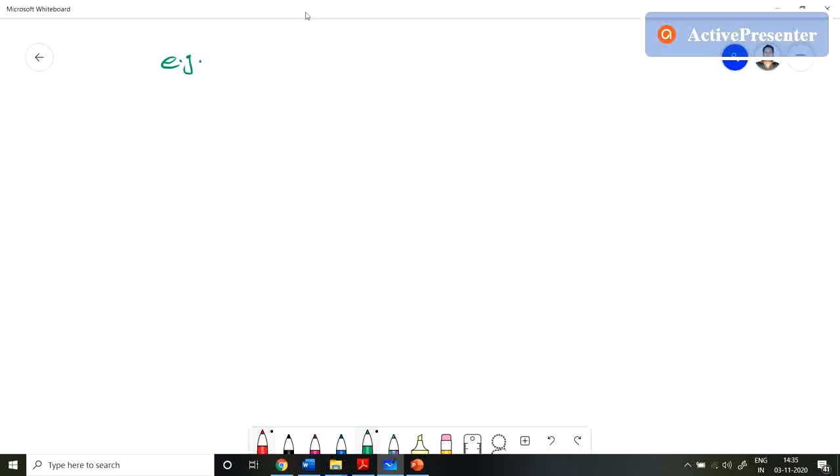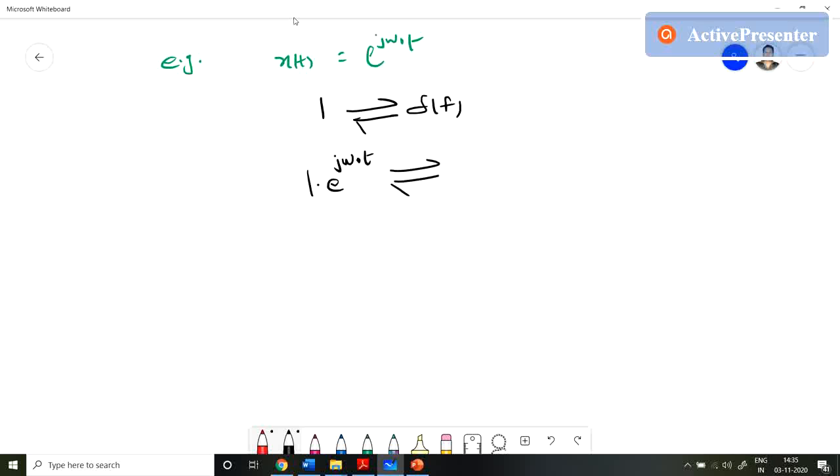Let us solve another problem, x(t) equals e raised to the power j omega naught t. Let us do this by using the previous result. 1 has Fourier transform delta(f). If it is multiplied by e raised to the power j omega naught t, then the Fourier transform is delta(f - f naught), where omega naught equals 2 pi f naught.